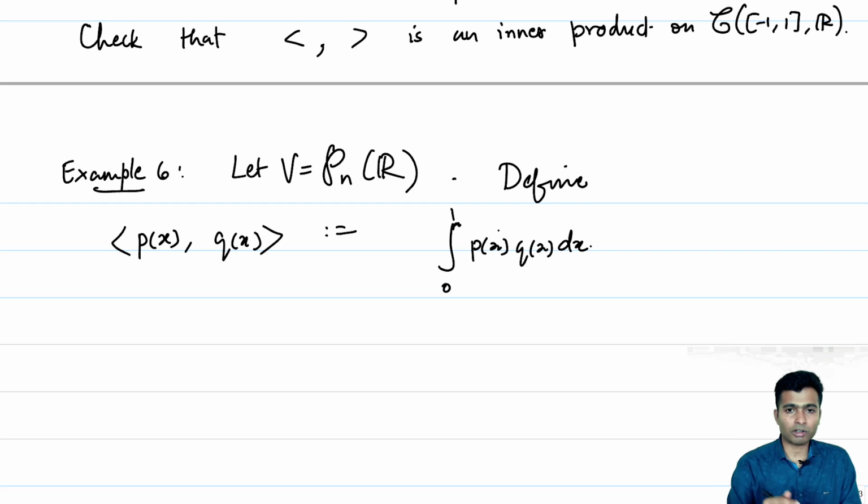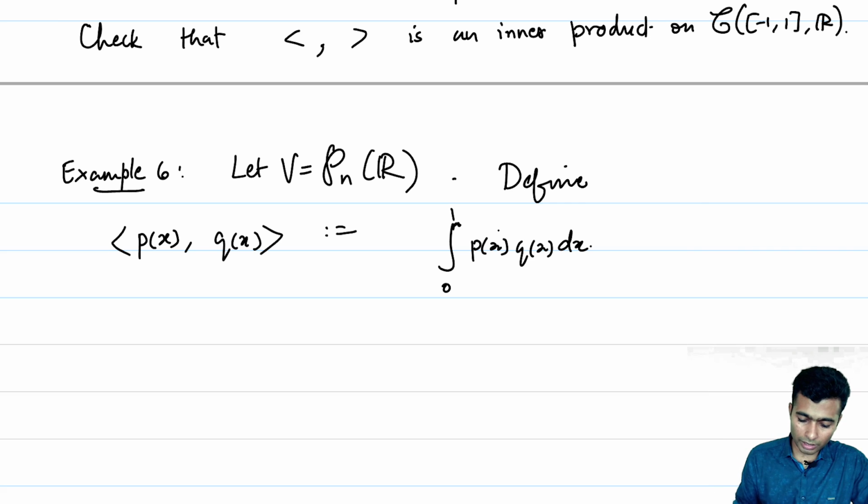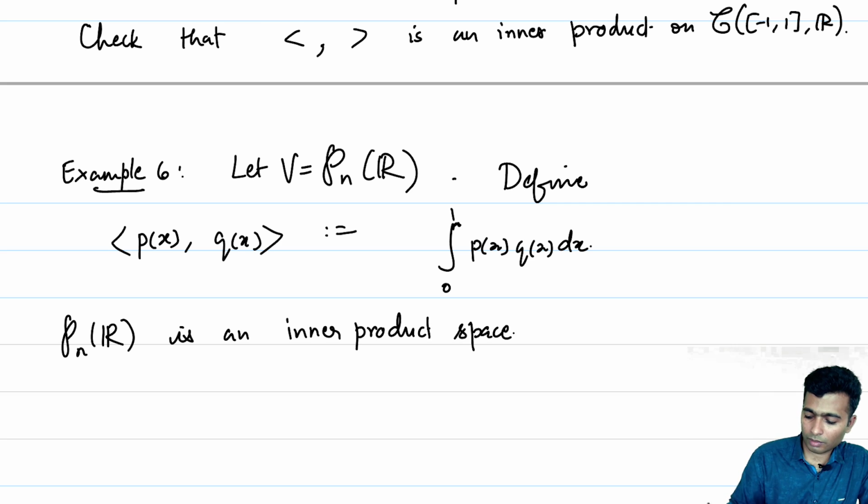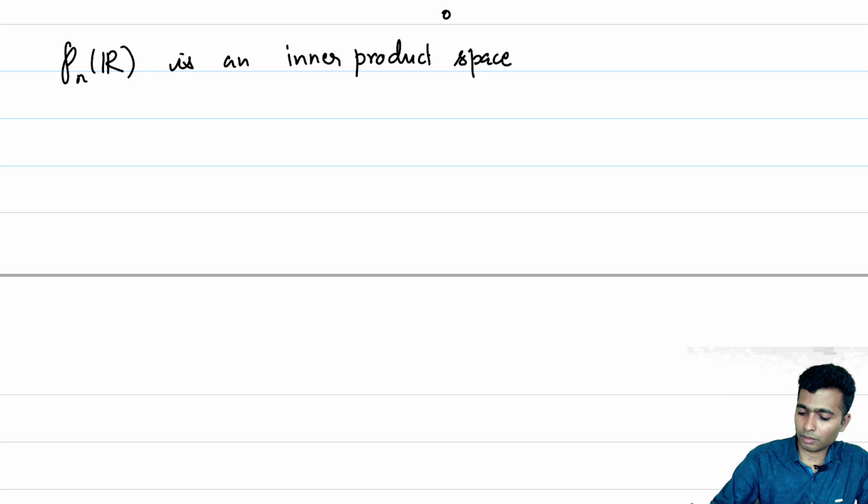And once we have established the three properties for C of 0, 1 to R, it's easy to see that with this same definition, Pn of R will also turn out to be an inner product. So Pn of R is an inner product space with the above inner product.